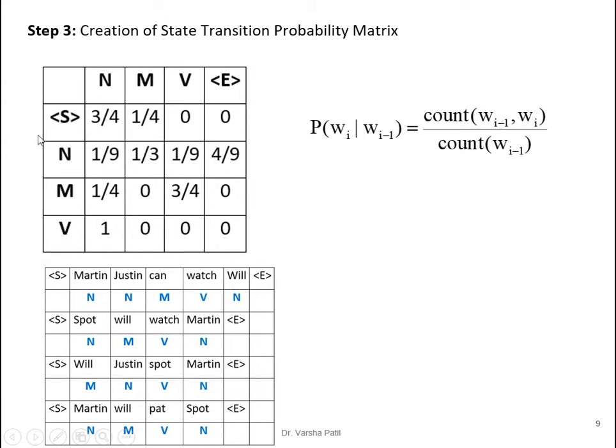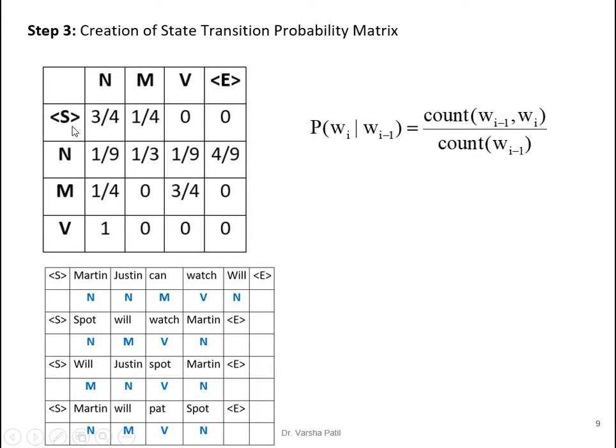There are 4 statements, so the count of s is 4 and the denominator is 4. After the start of the statement, how many times does n appear? This is the first, this is the second and this is the third, so 3 by 4.